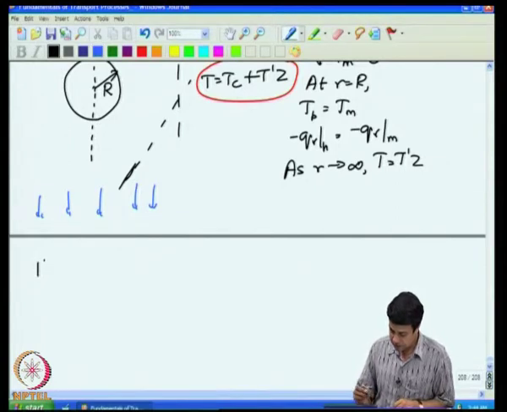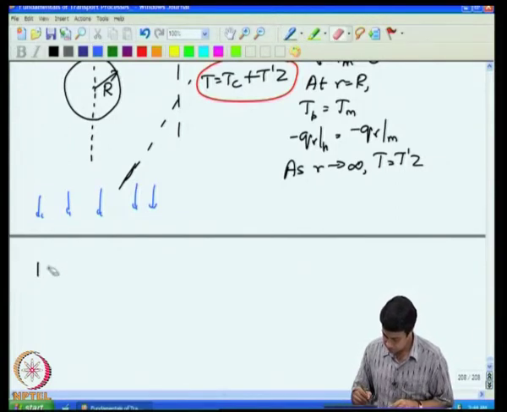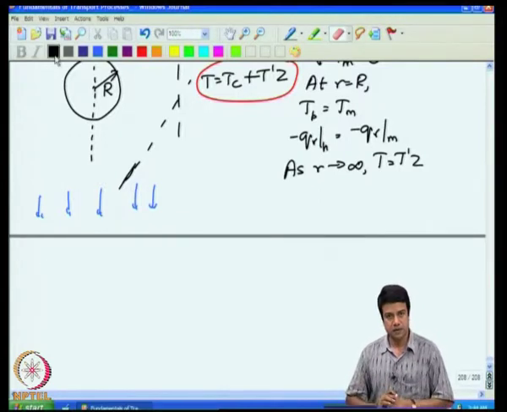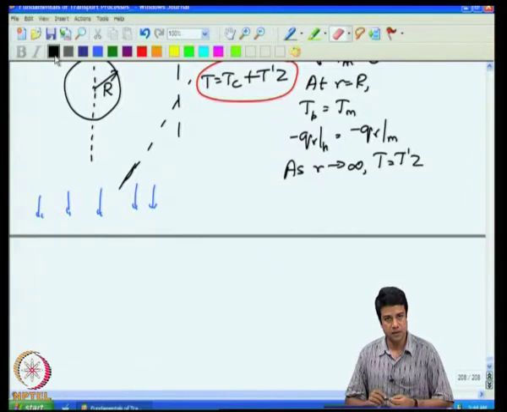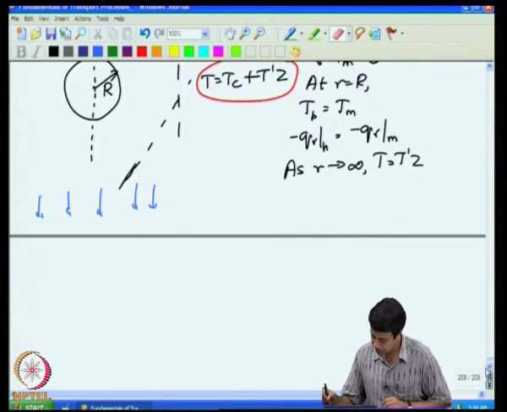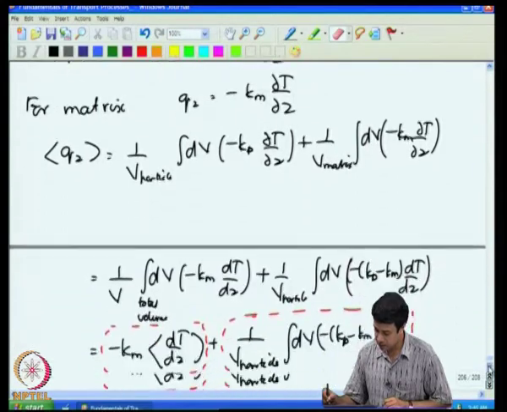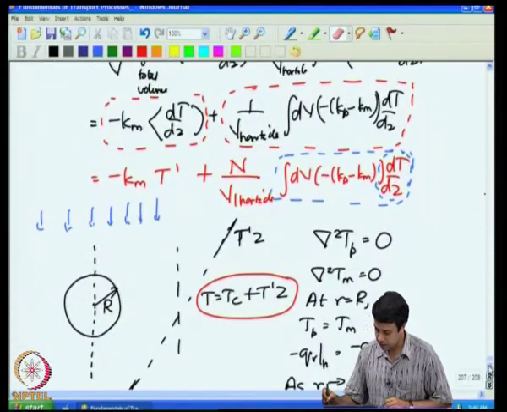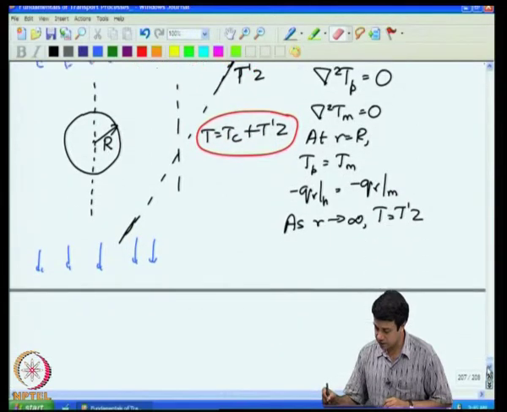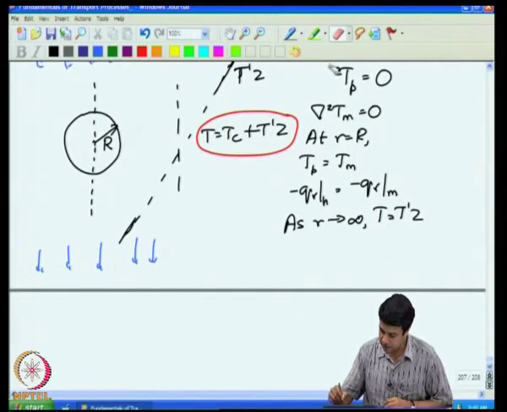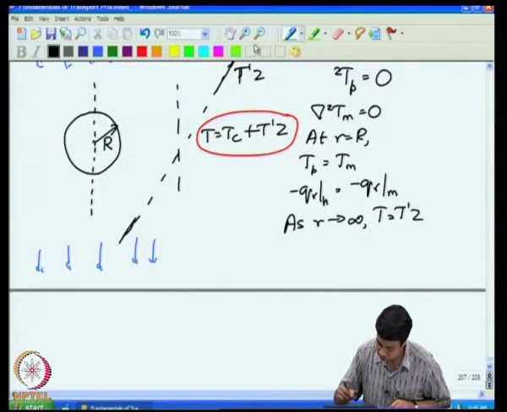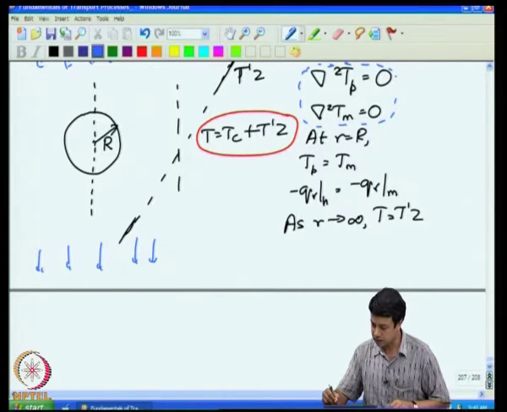That means that I can use the spherical harmonic expansions for both the particle and the matrix in a coordinate system with center at the origin of the sphere. Within that coordinate system I can then write down my spherical harmonic expansions, which satisfy del square of T particle equal to 0 and del square of T matrix equal to 0.